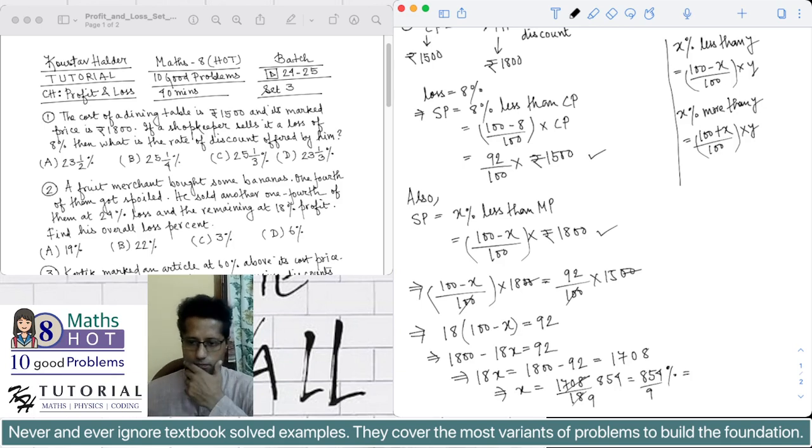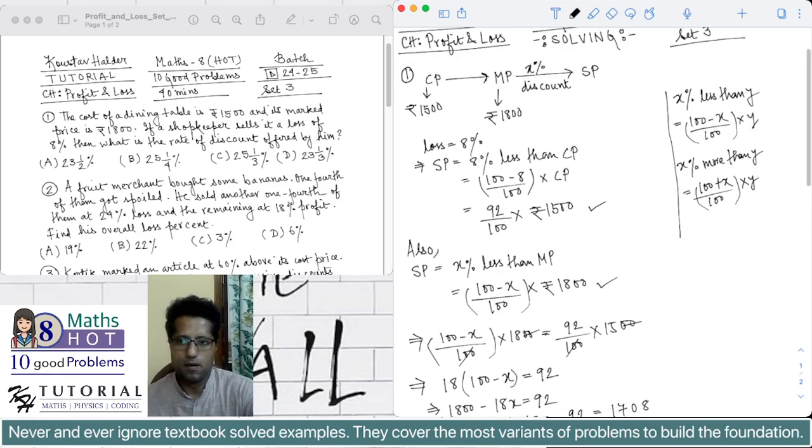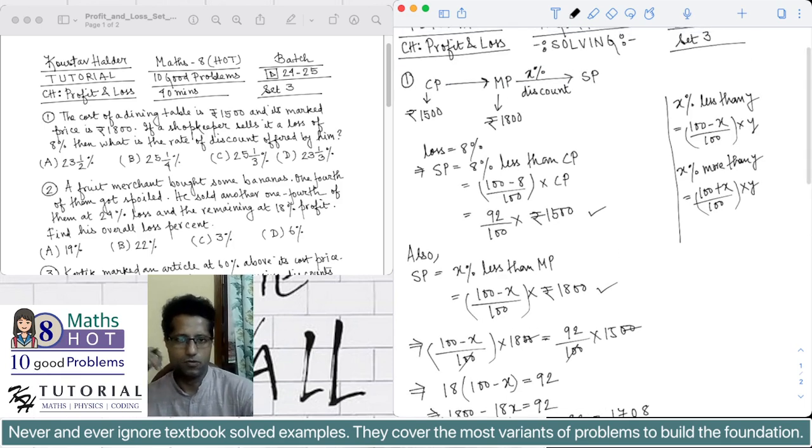I think I've done something wrong. My answer will definitely be nowhere near the given choices. Let me see. The cost price is given to be 1500.